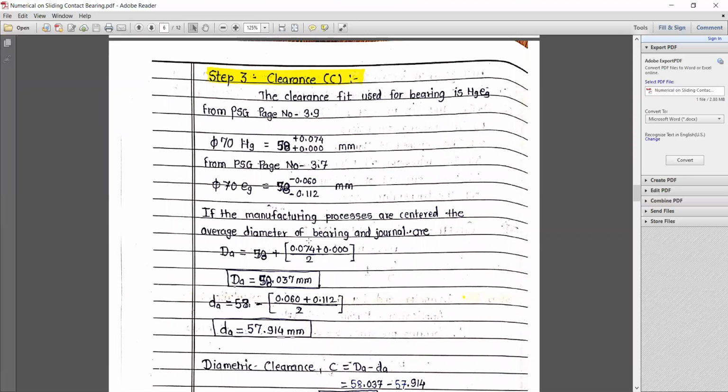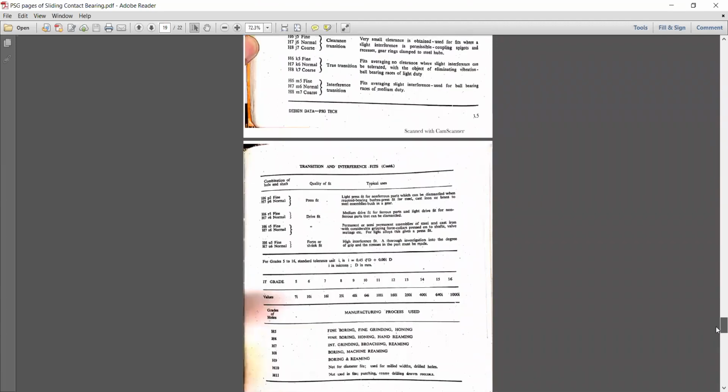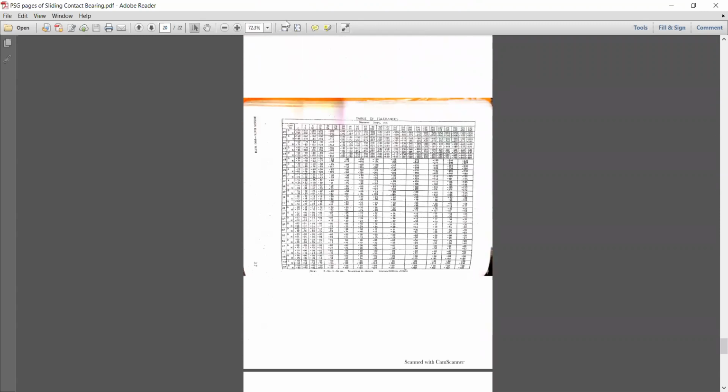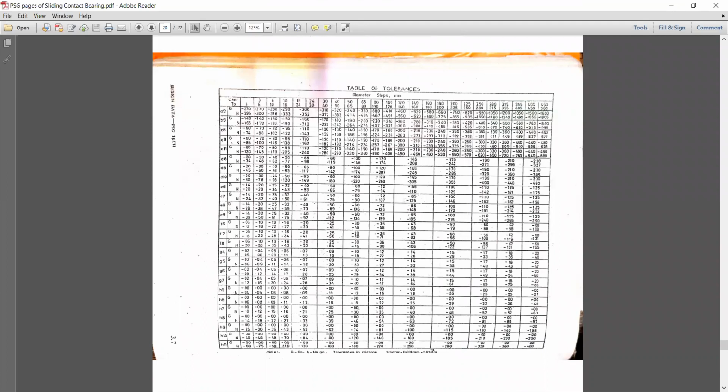To find out the diametric clearance, they have provided the type of fit, that is a clearance fit, where H9, e9 is given. So referring to PSG page number 3.9, we can find out the value which we need.